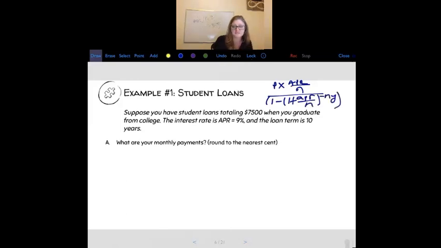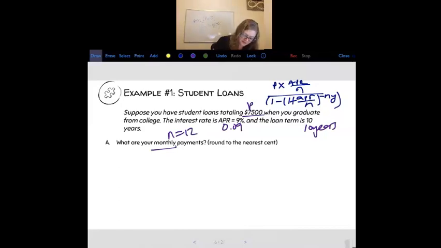In this case, P is 7,500. APR as a decimal is 0.09. The loan term is 10 years, and on student loans, you typically make monthly payments, so N is equal to 12.